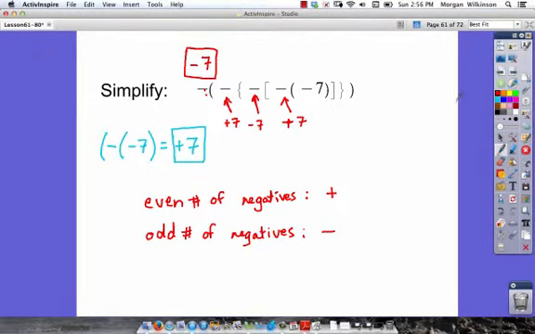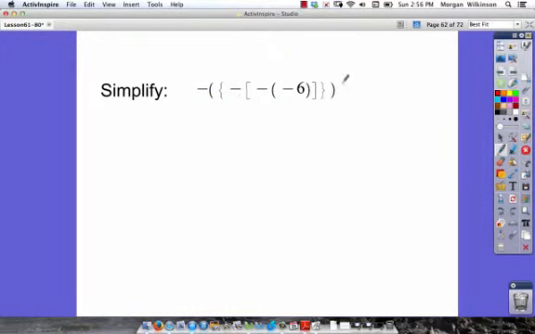Let's look at another example. We want to simplify. Well, what this is saying is the opposite of the opposite of the opposite of negative 6. Well, the opposite of negative 6 one time, this would be positive 6. The opposite of positive 6, that would be negative 6. And the opposite of negative 6 would have to be positive 6.